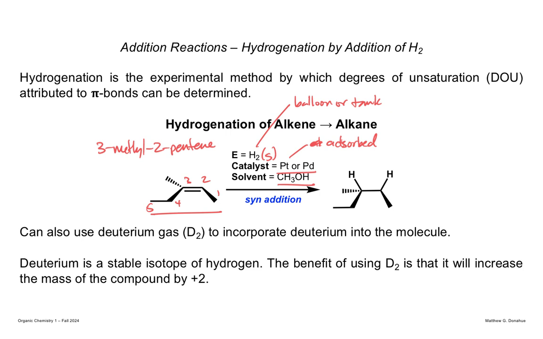And essentially, you're adding H2 to those carbons. You can also use deuterium gas, so that's the isotope of H2. And then these would then become D and D. And so now that's a way to label those specific carbons with deuterium.